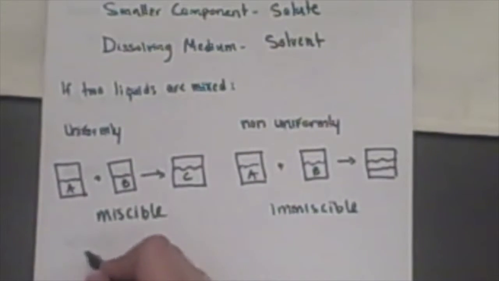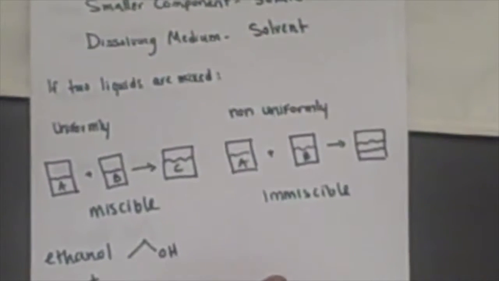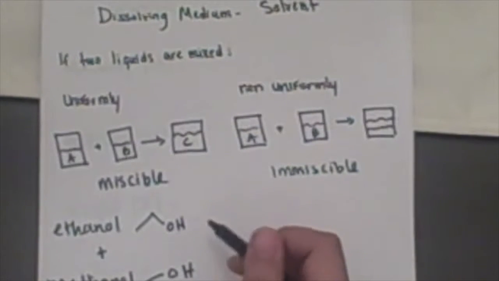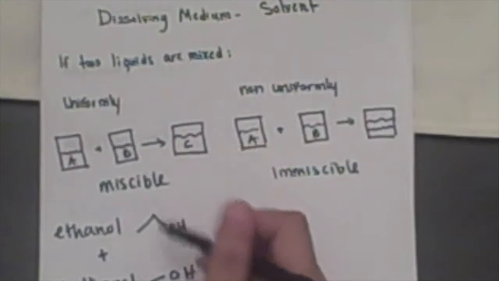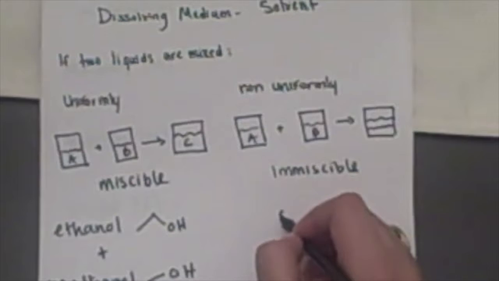An example of miscible liquids is ethanol with methanol. These two will be miscible due to their intermolecular forces. They have very similar intermolecular forces, so when they are mixed together, they mix uniformly. However, an example of immiscible would be oil and water.